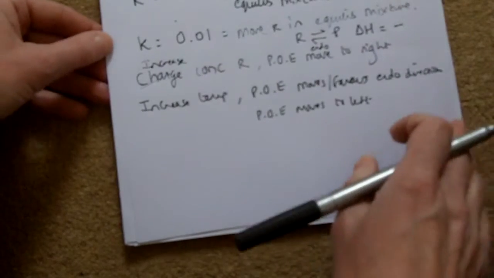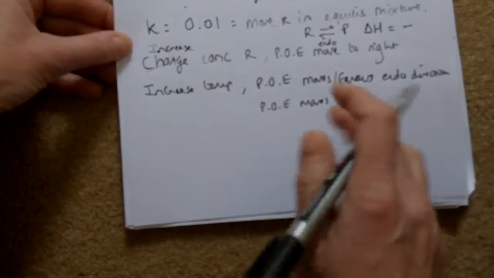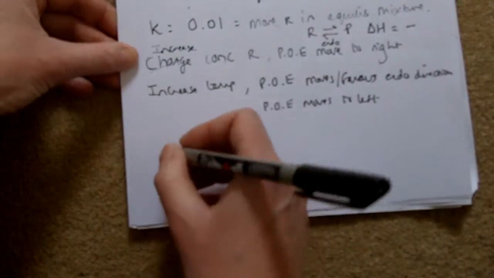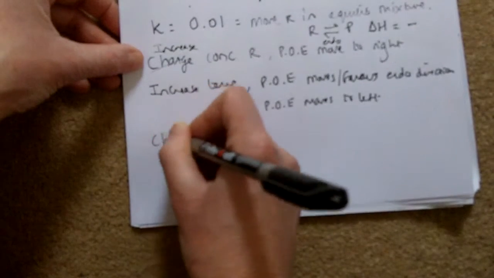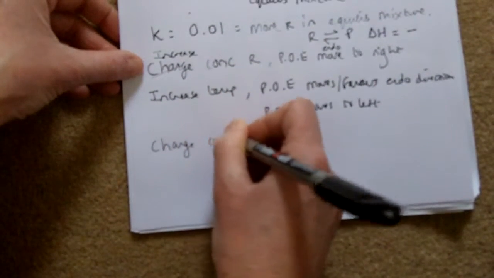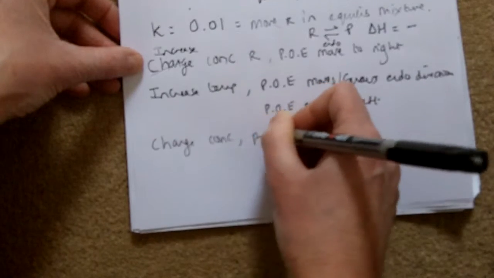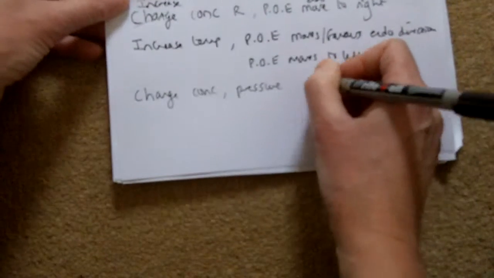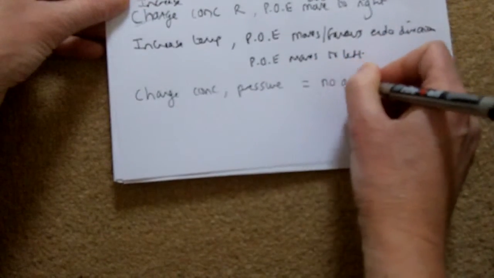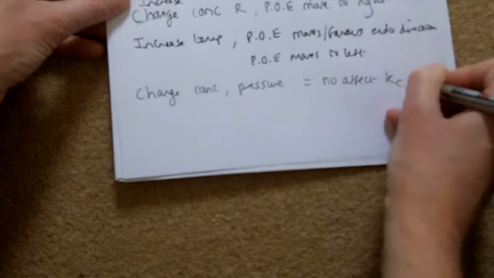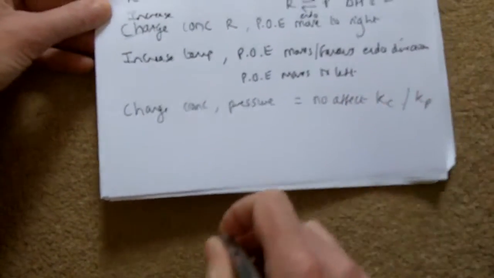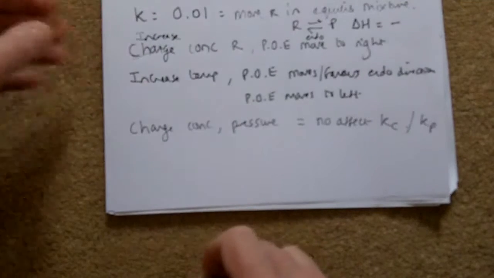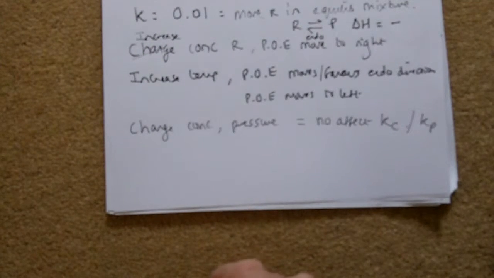Now in terms of Kc and Kp, if you change the concentration or the pressure, this has no effect on Kc and Kp. The only thing that changes Kc and Kp is temperature.